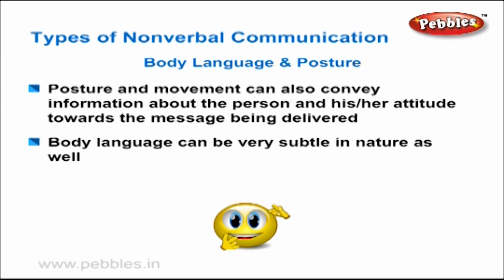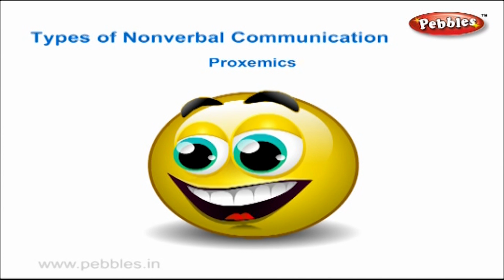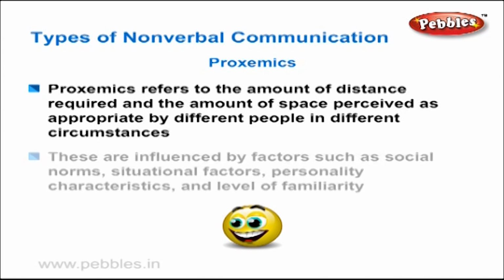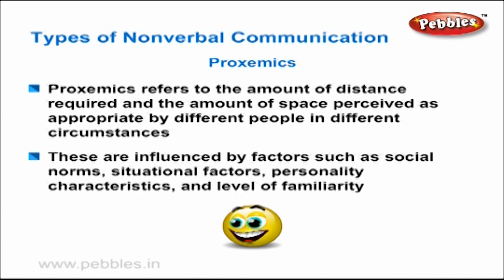Body language can be very subtle in nature as well. Proxemics refers to the amount of distance required and the amount of space perceived as appropriate by different people in different circumstances. These are influenced by factors such as social norms, situational factors, personality characteristics, and level of familiarity.